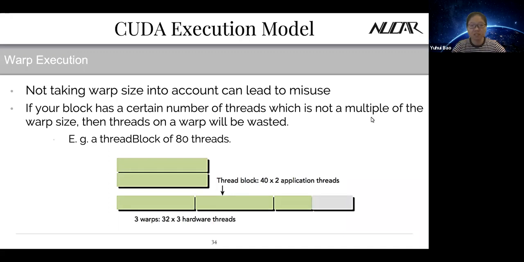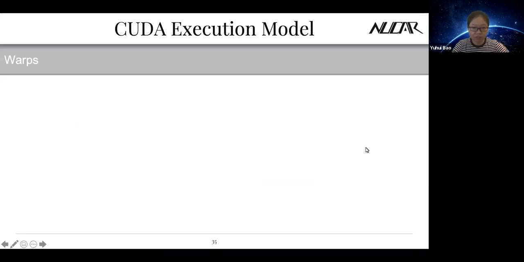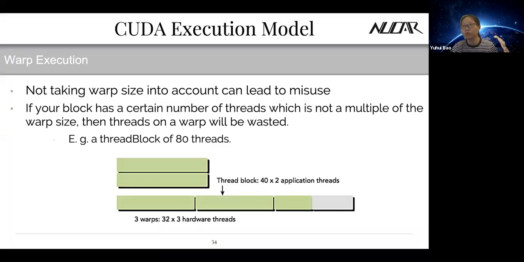In this example, you have a block with 80 threads. That block is split into 3 warps, but for the third warp, you are not fully using the hardware.